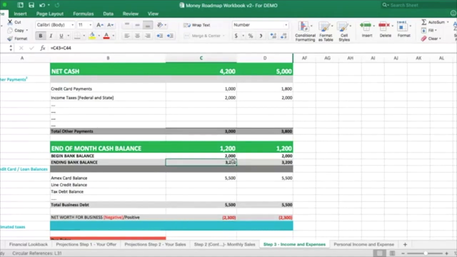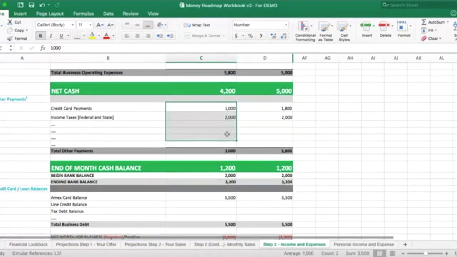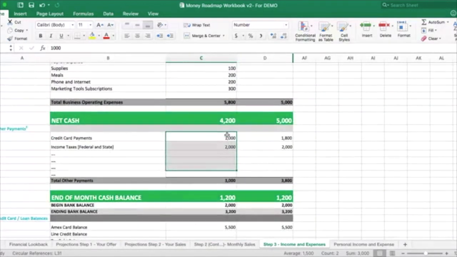So even though you say, okay, I have cash of $3,200 or $1,200 based on your beginning cash balance from the previous month, if your credit card, your line of credit, and your tax debt, which is also a big one for business owners, are larger, then your business will have a negative net worth. You want to make sure that whatever these monthly charges are, you're able to cover them with the cash your business is generating each month.